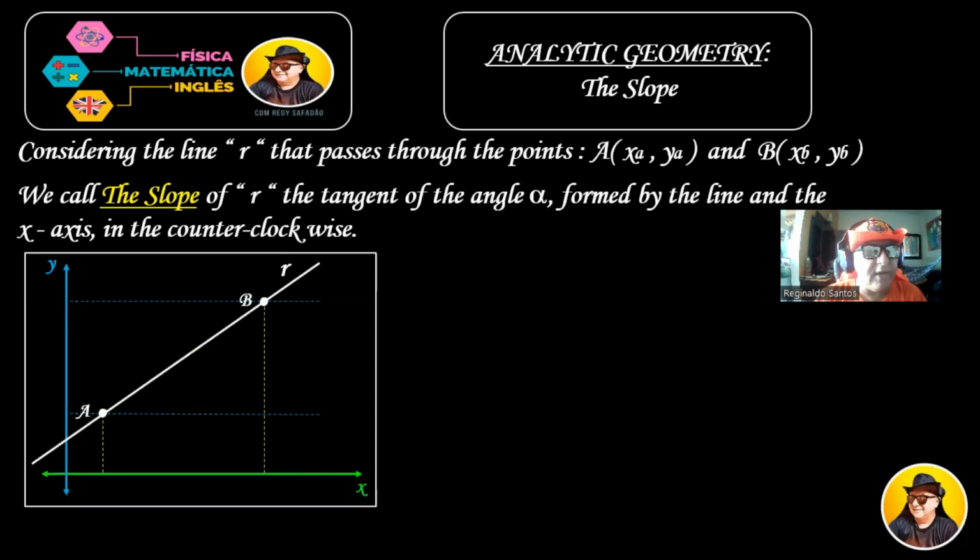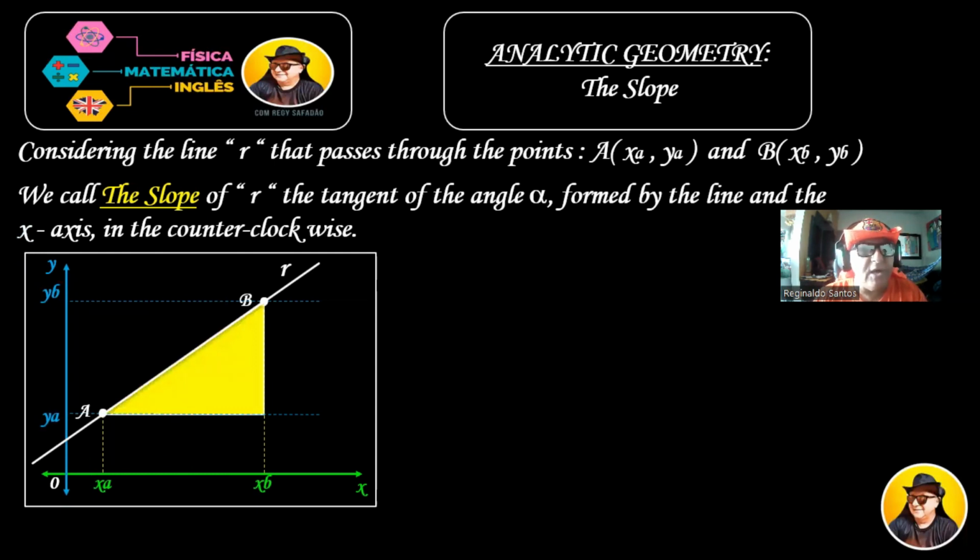Let's write the origin 0, and x of A and x of B, also y of A and y of B. So we have a right triangle, in yellow, and you can see the angle alpha.